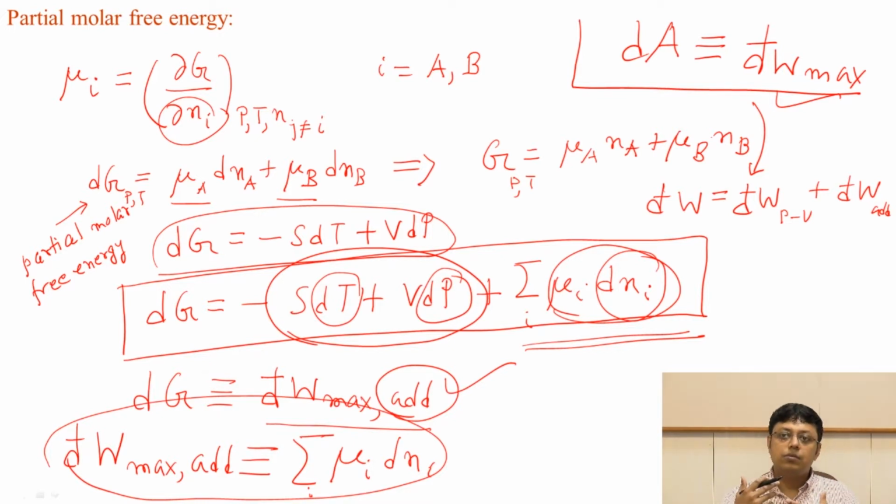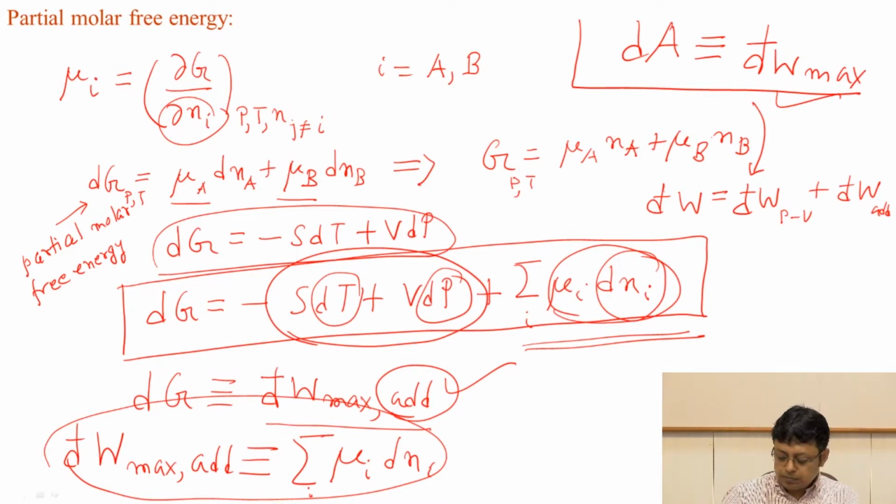It is just happening due to the mixing of the two liquids, and that is nothing but the summation of the chemical potential of each term multiplied by the change in moles of that particular component. And if we take the sum, that will be equivalent to the maximum additional work, which is the non-PV work.